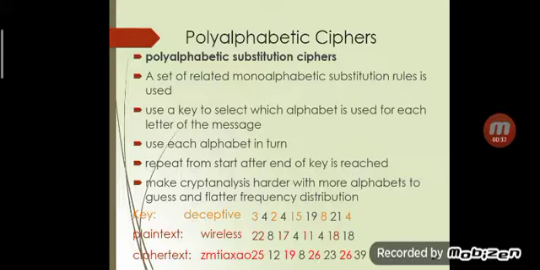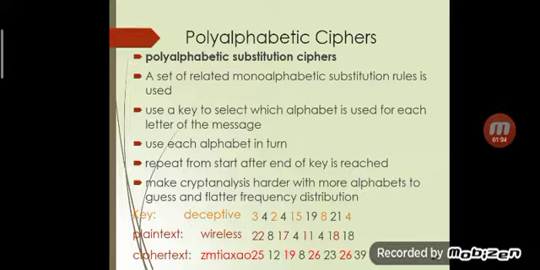It is a set of related monoalphabetic substitution rules. In a polyalphabetic cipher, we use a key along with the plain text. Whatever the plain text, we have to consider it with the key.